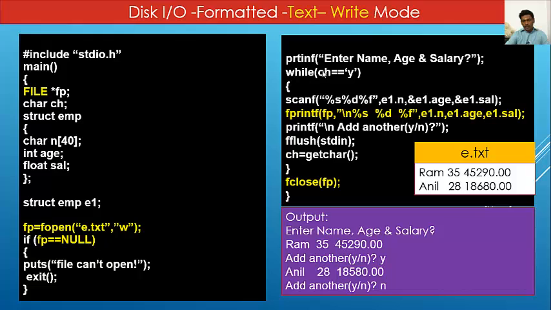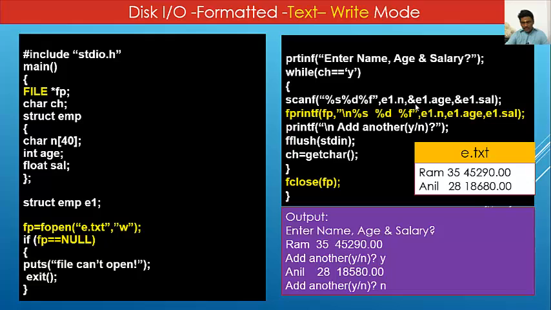Then a while loop. Within the while loop we check the condition ch equal to y. Here we put a character, ch equal to y, so already we assigned y into that variable. So ch has y, y equal to y, the condition is true.